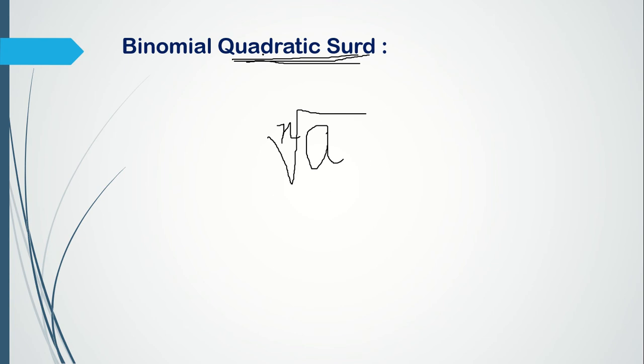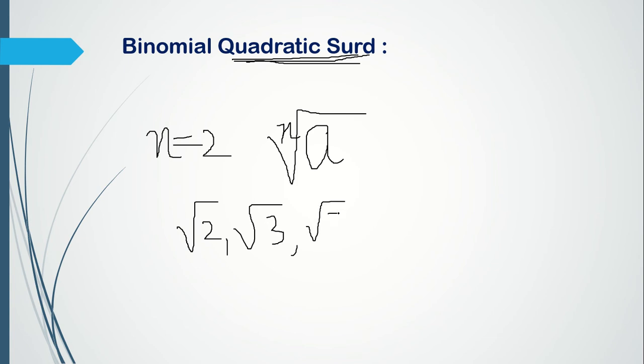What is meant by quadratic surd? Whenever this n is equal to 2, that means whenever the order of the surd is 2, we call it a quadratic surd. So I can write it as root 2, root 3, root 5, root 10, root 100.